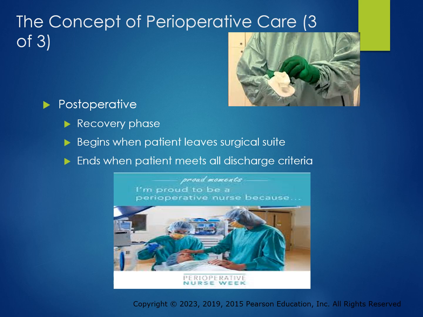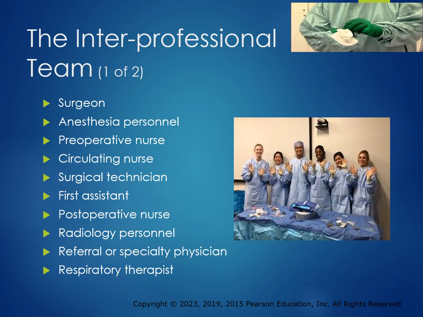Post-operative nursing care is tailored to meet the patient's specific needs. So, they've had surgery, and you want to be able to meet the needs of somebody that's going through the surgical procedure. I mean, you lose blood, you've been put to sleep, so your oxygenation and perfusion are definitely affected.